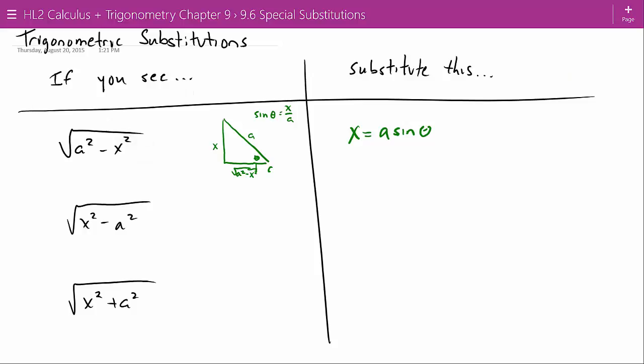And a similar kind of thing can be used for these other two substitutions that we're going to do. But if we see square root of x squared minus a squared, we're going to make the substitution x equals a secant theta. And finally, if we see square root of x squared plus a squared, or a squared plus x squared, doesn't really matter, we're going to use x equals a times tangent of theta.